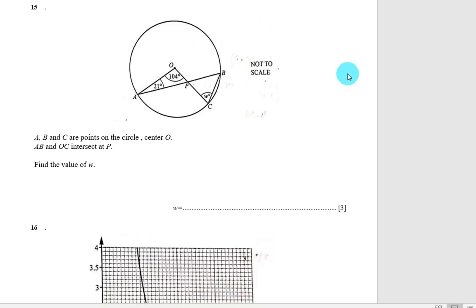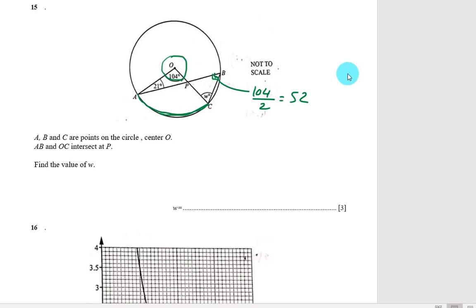As you know, the angle B has the same arc with a center angle. So this angle B will equal 104 divided by 2, which equals 52. So the angle B is equal to 52. Okay?